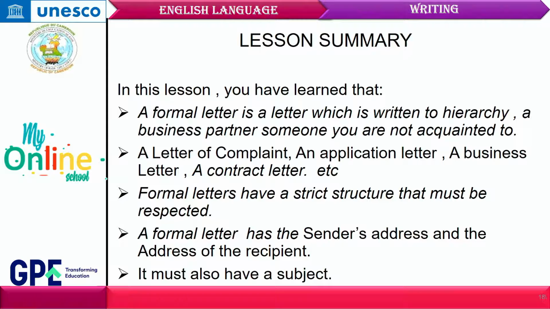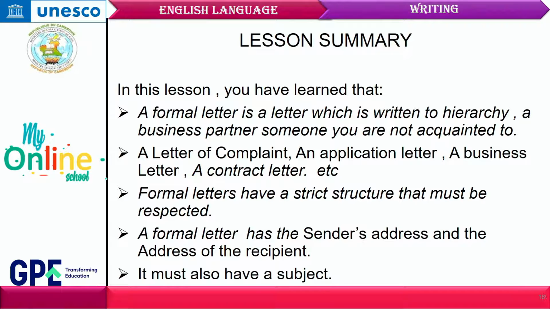A letter of complaint, an application letter, a business letter, or contract letter are examples of formal letters. Formal letters have a strict structure that must be respected.